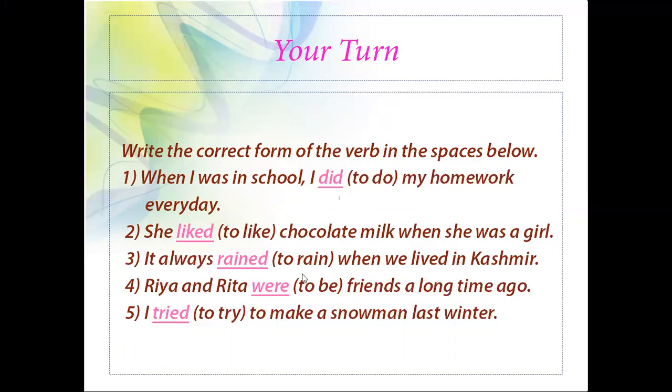Why does "were" come here? Because of the be form. What is the be form? Was, am, is, was, or were. These are called be forms of the verb. Then I tried to make a snowman last winter. So this is the exercise for past tense.